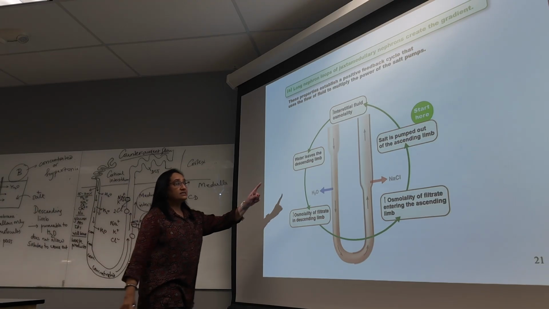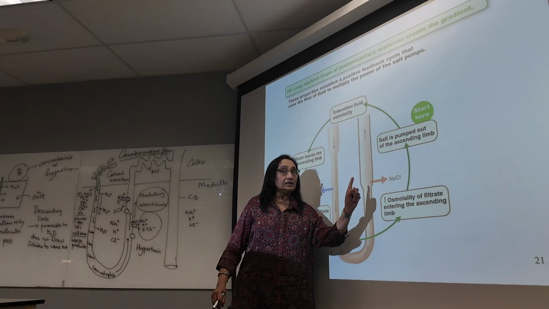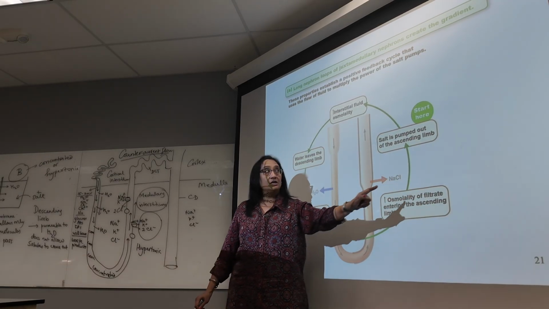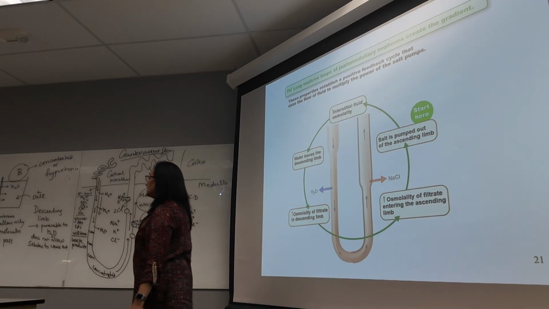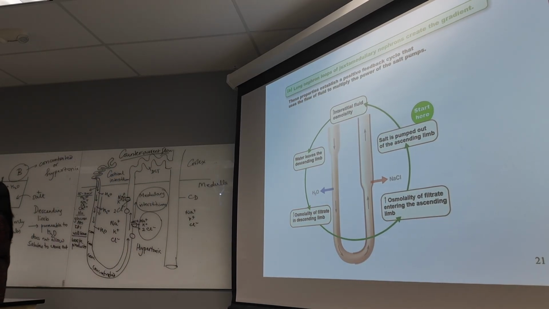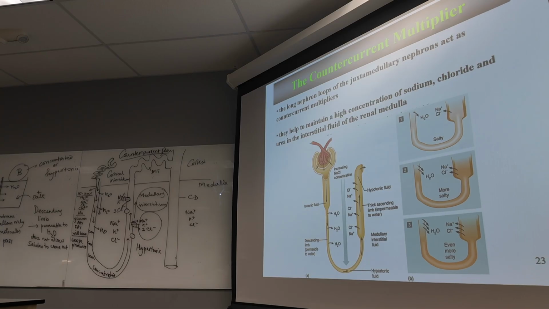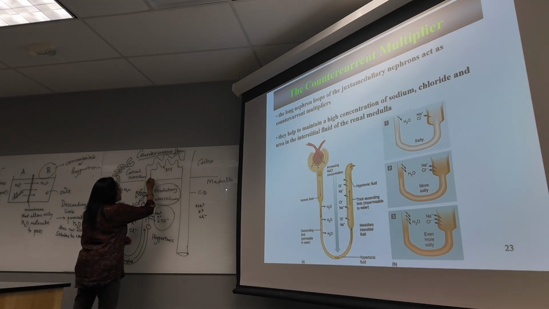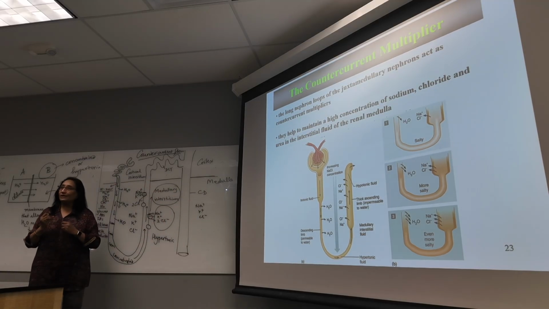So descending limb is permeable to water. Ascending limb, not permeable to water, it only pumps the salt out. And this salt remains here, making the interstitium more and more salty. Okay, so if you actually measure the saltiness of the interstitium, at this junction where you have the cortex and the medulla, that's where it is starting.